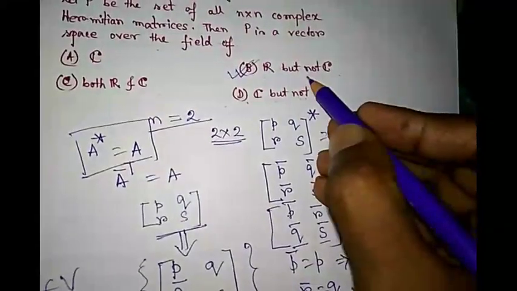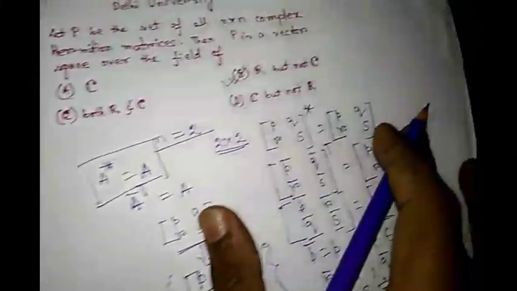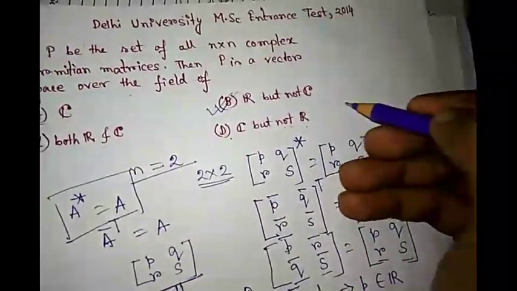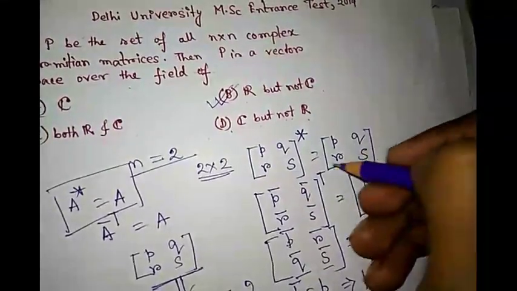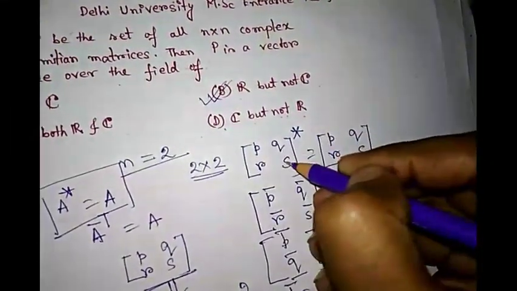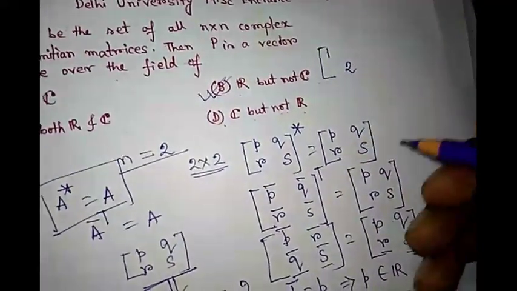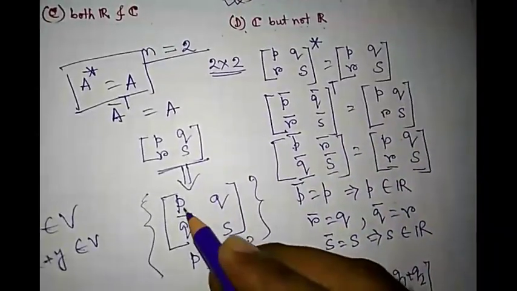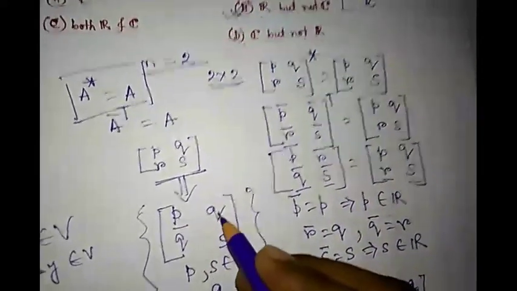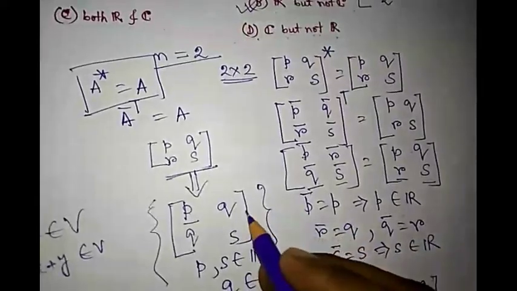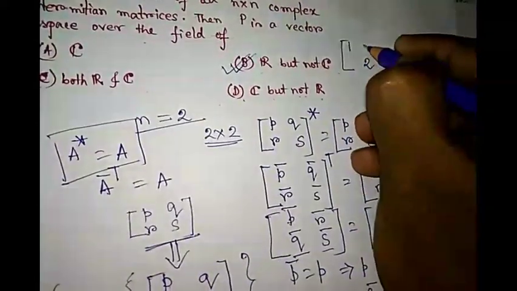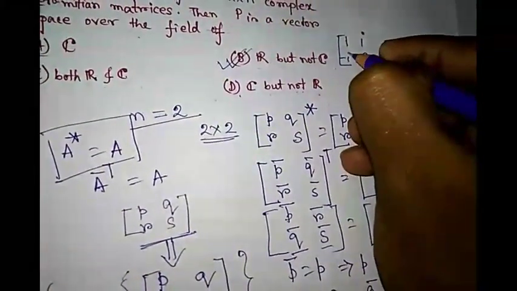To check that Hermitian matrices don't form a vector space over C, we give a simple example. Take P equals 1, S equals 2, which are real numbers, and take Q equal to i, so Q bar is minus i.